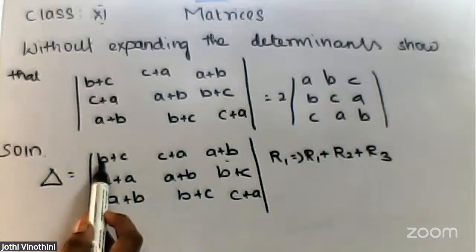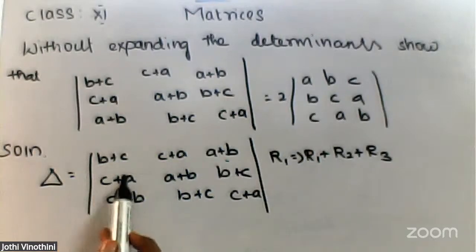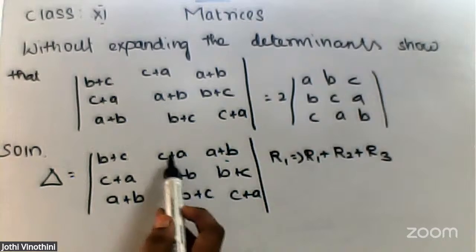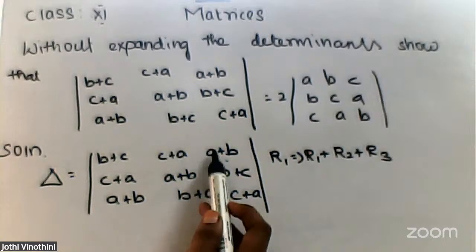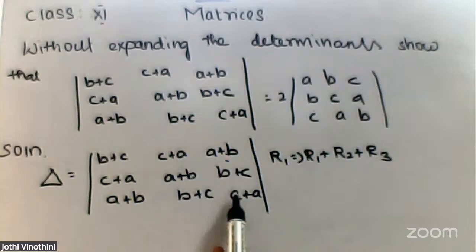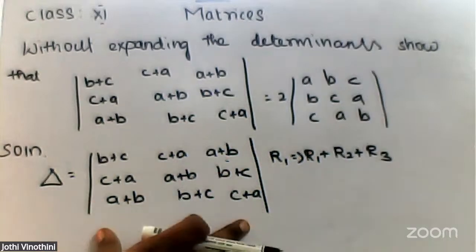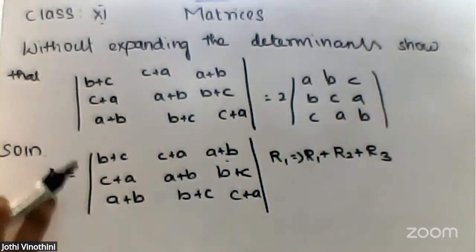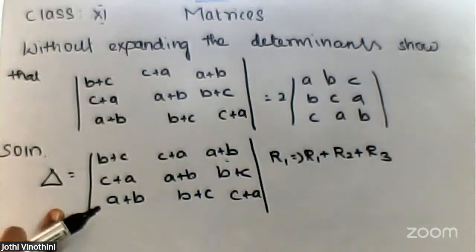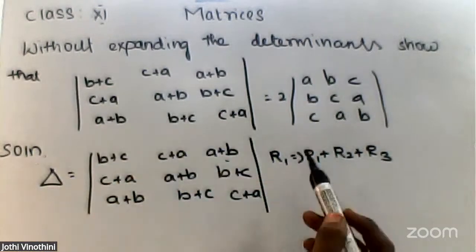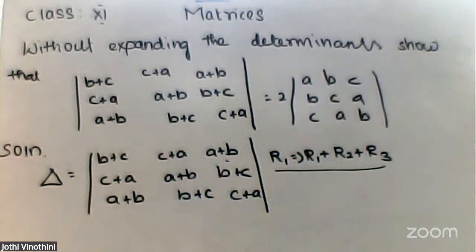So it will become b plus c plus c plus a plus a plus b; likewise c plus a plus a plus b plus b plus c; and a plus b plus b plus c plus c plus a. This is the first step on the left hand side.